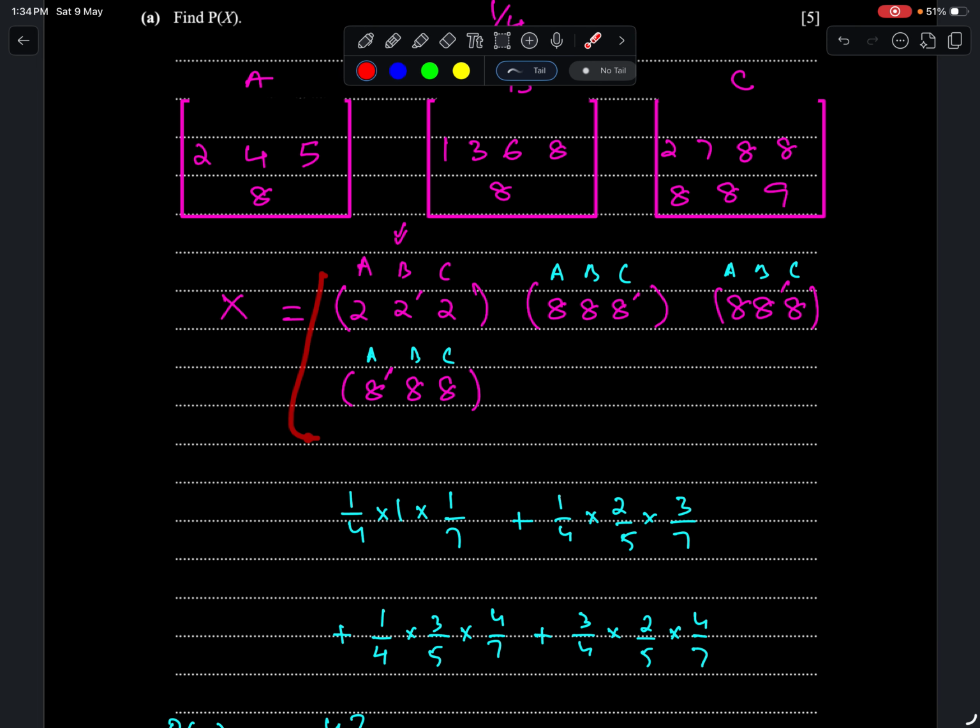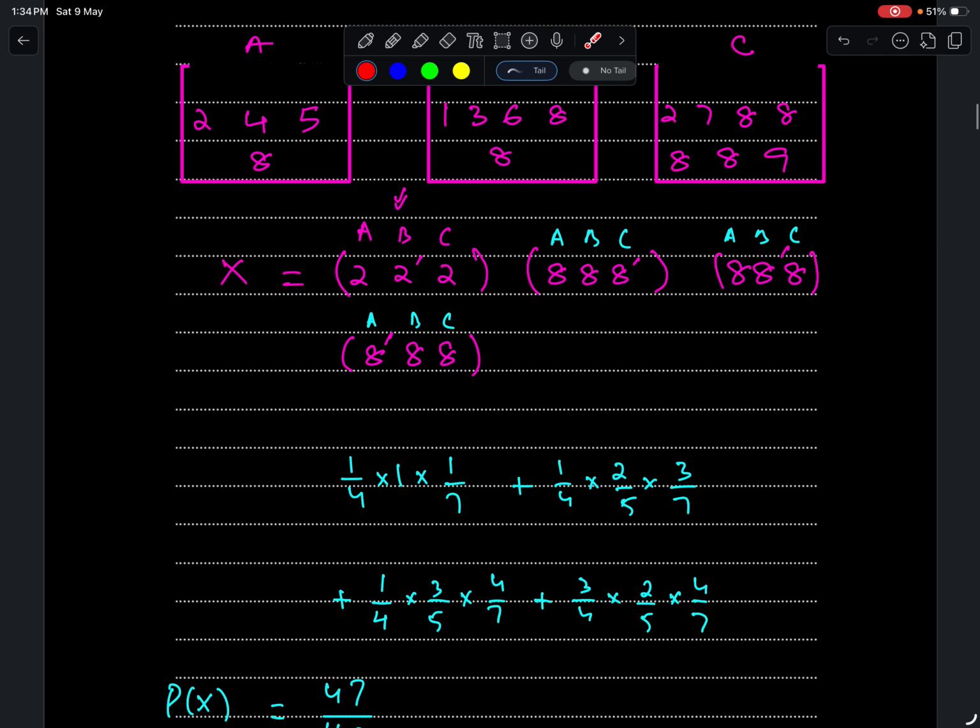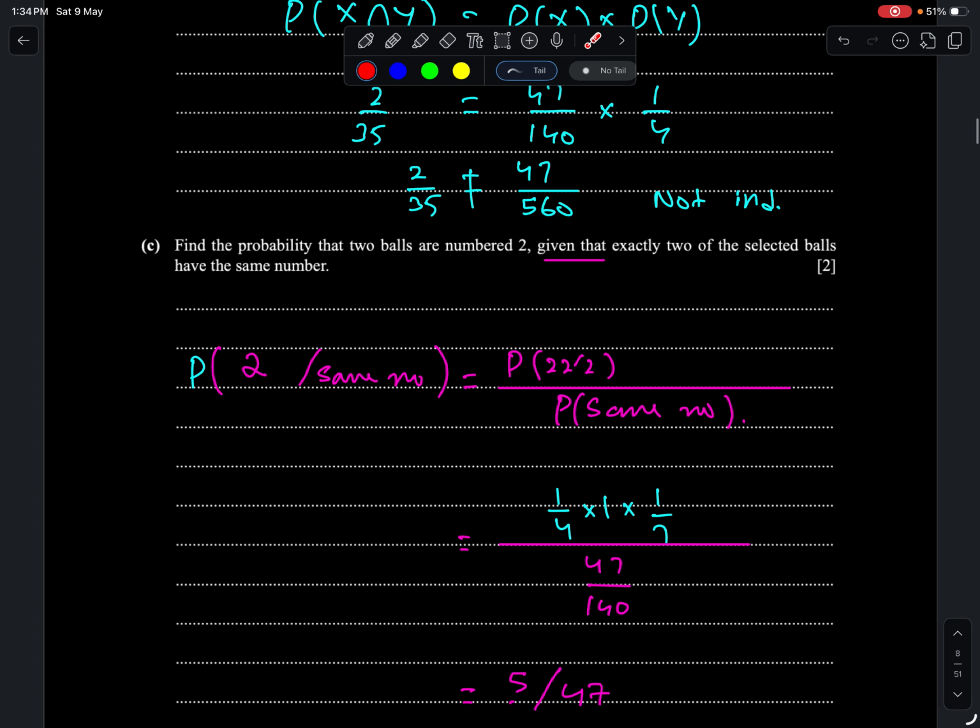So this entire thing is in the denominator and this thing is in the numerator. For this type of question, use this solution. Two balls have number 2, this is the requirement, and two balls have the common numbers, same numbers. This total should be in the denominator. Same numbers in the denominator and common is here.